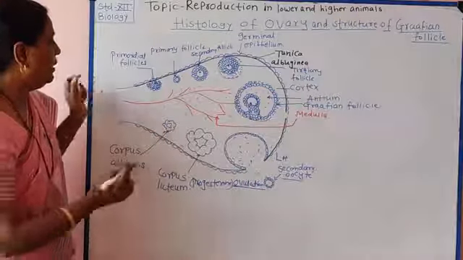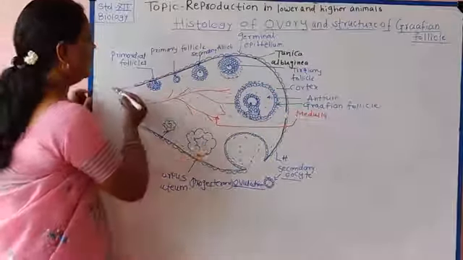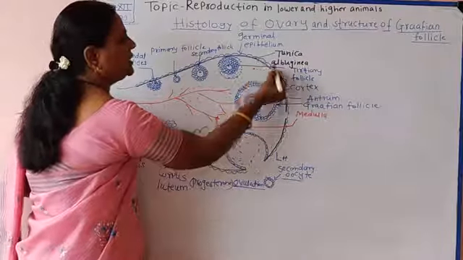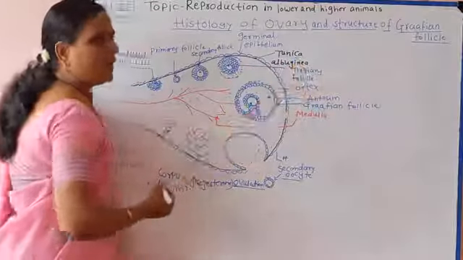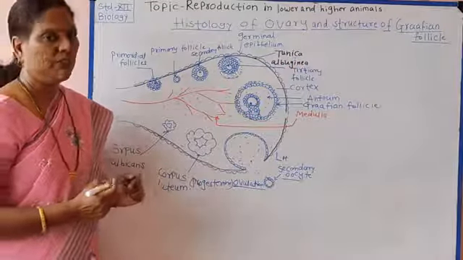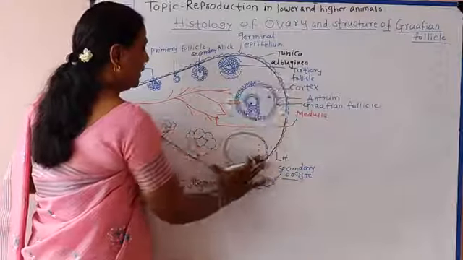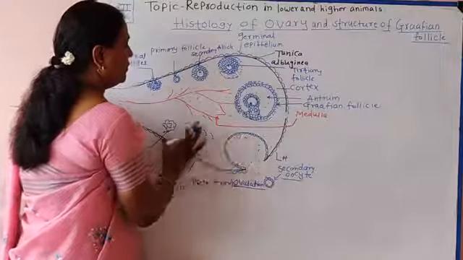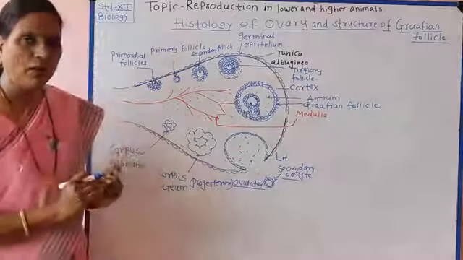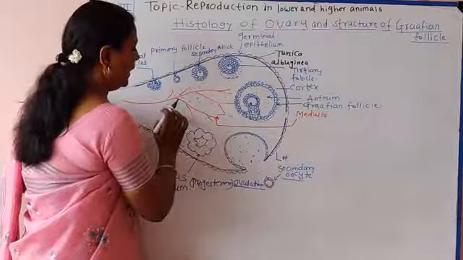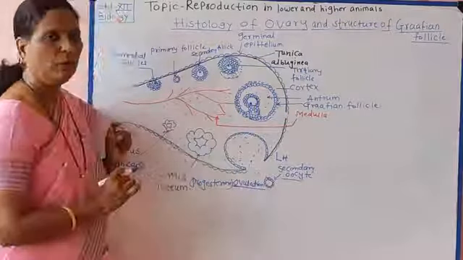See again, in the ovary we can see the outermost germinal epithelium layer, below which there is the connective tissue layer called the tunica albuginea. Inside the tunica albuginea, the total part of this ovary is called the stroma. The outer part is called the cortex region, and the inner part is called the medulla region.